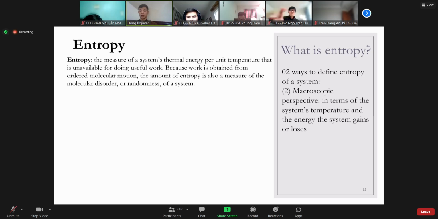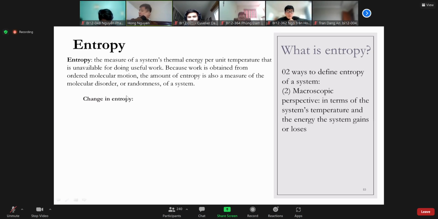The energy that is unavailable for doing work. And in this approach, we pay attention to the change in entropy. So we should know when the system changes from one state to another, what will be the change in entropy of the system.